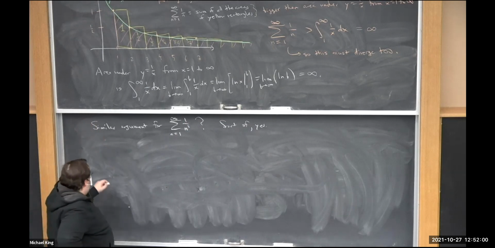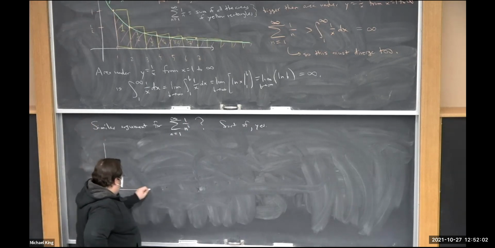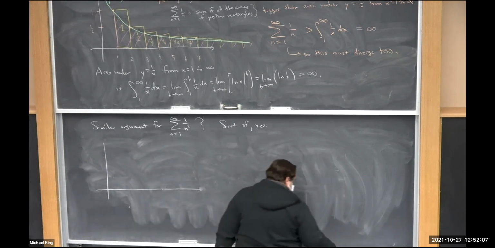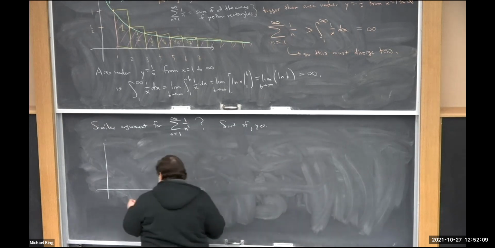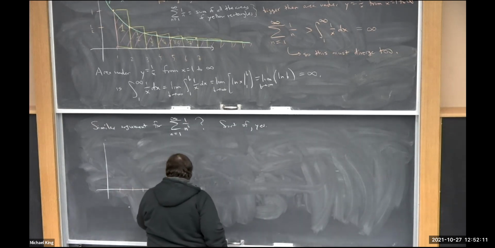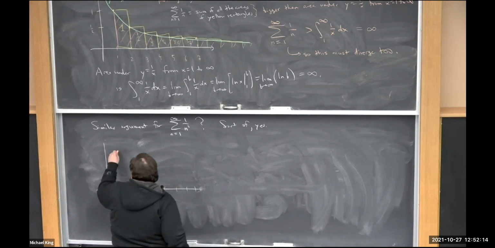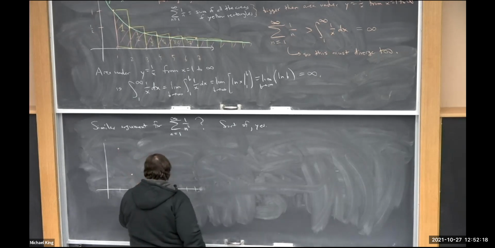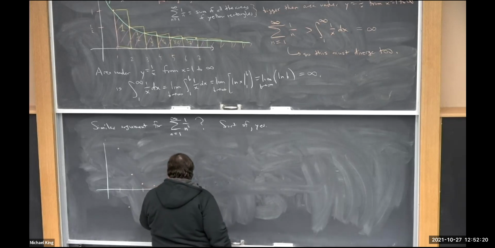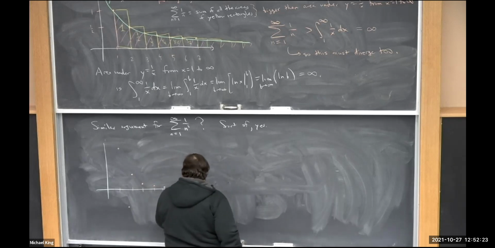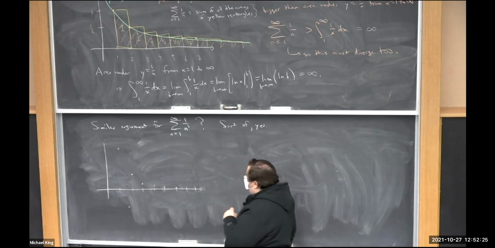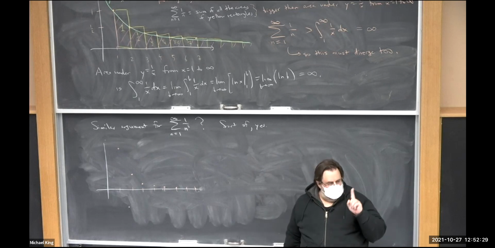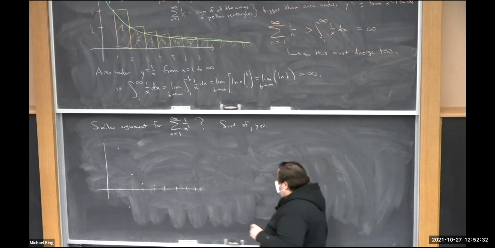I can plot n comma 1 over n squared. So let me do 1 here. Now it's a quarter, which is down here, and a 1/9. So notice this does drop much more precipitously than 1 over n, which was the whole point of why the area under 1 over x squared was finite, but the area under 1 over x was not finite, remember?